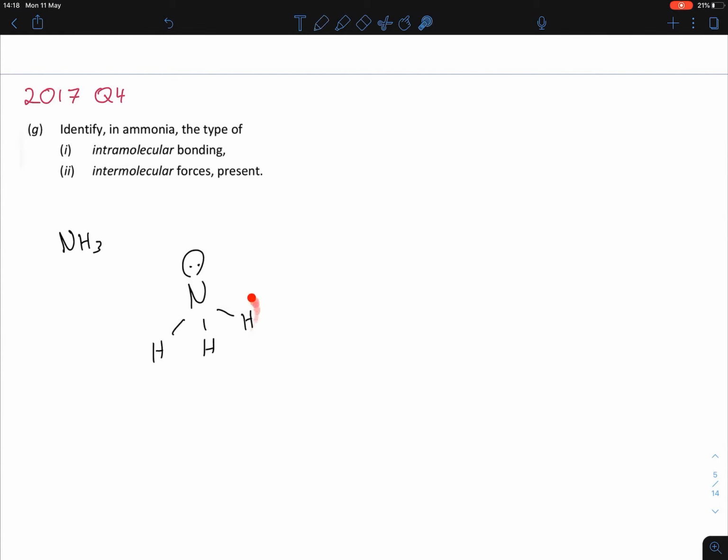So we have a difference there of 3 minus 2.1, which is 0.9. So therefore, for part I, again you have to specify which, for the intramolecular bonding, I is going to be polar covalent.